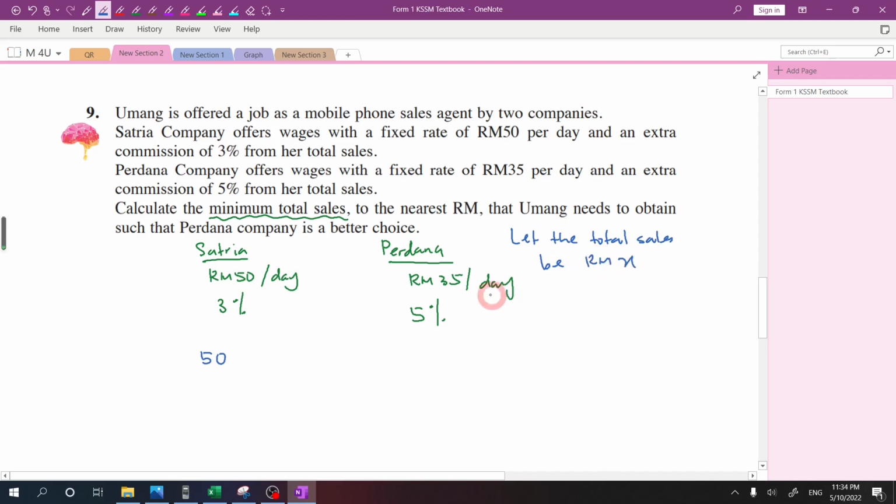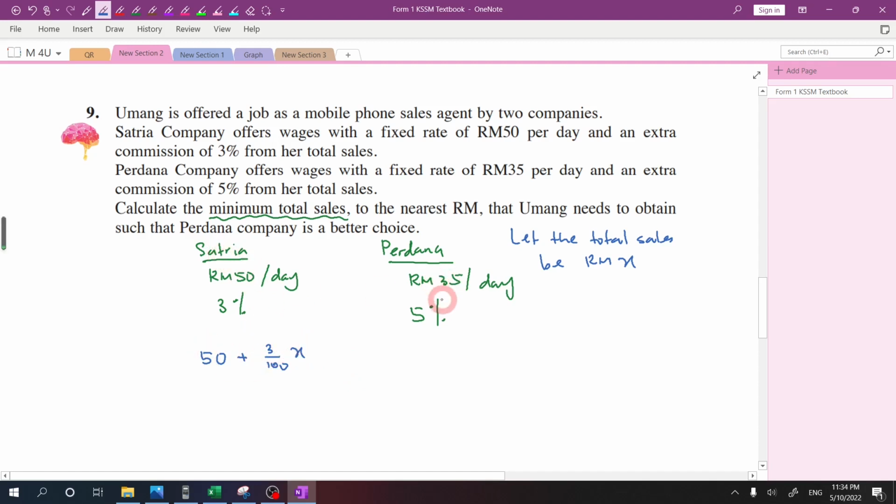So it will be 50 plus 3% of the total sales, which is 3 over 100 times x, right? This is the wages in one day for Satya.